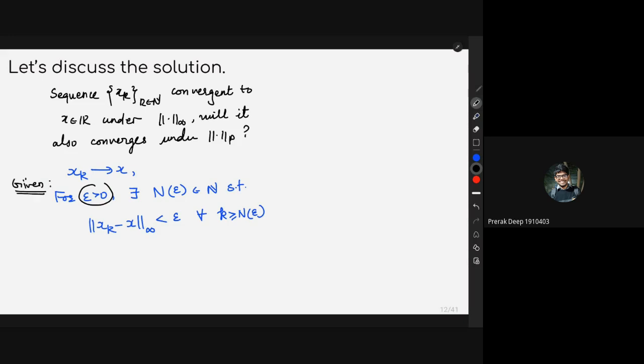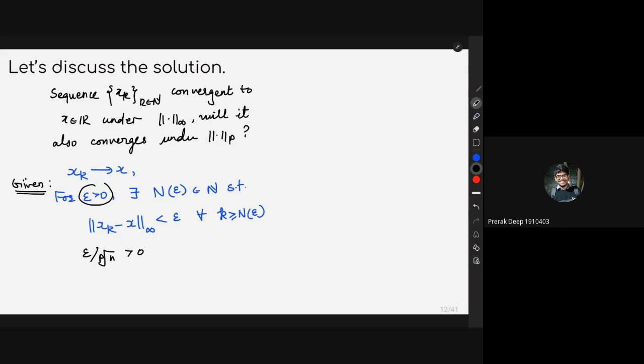So for any epsilon, I will have some n epsilon. I take epsilon divided by the pth root of n. This is again a positive quantity. Let me call this epsilon prime for simplicity.